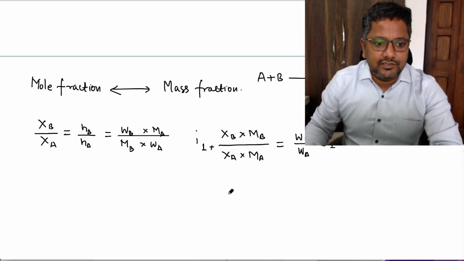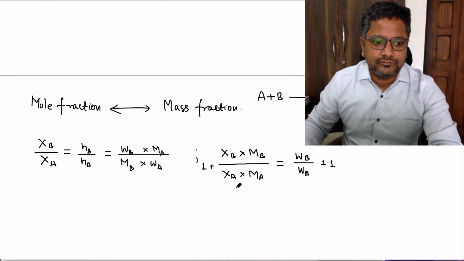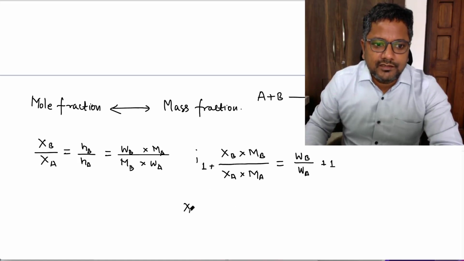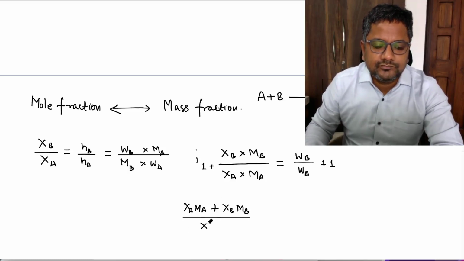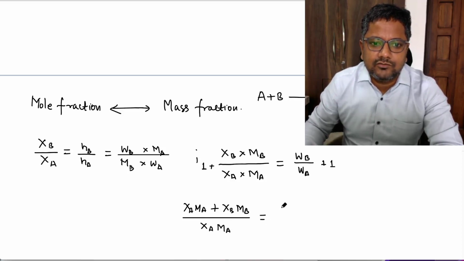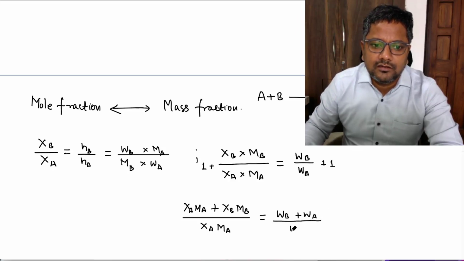So after this addition you can write here: XA MA plus XB MB by XA MA is equal to WB plus WA by WA.